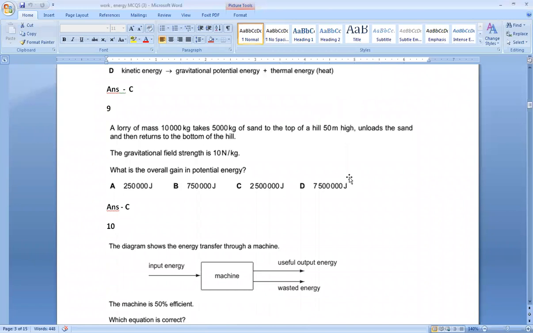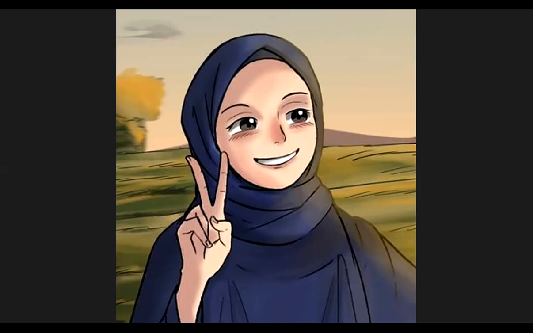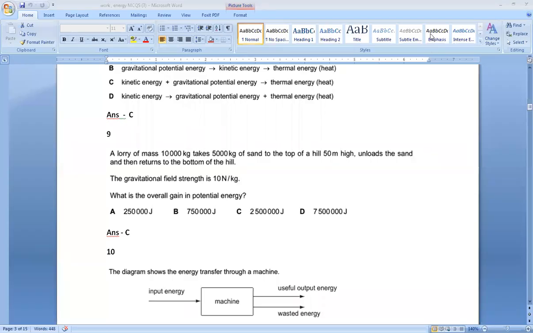Remember, the lorry has a mass of 10,000 kg and it takes 5,000 kg of sand. On the top of the hill, it unloads the sand, and after unloading the sand, the 10,000 kg lorry comes back to the ground. So overall gain in the potential energy is gained by the sand only.